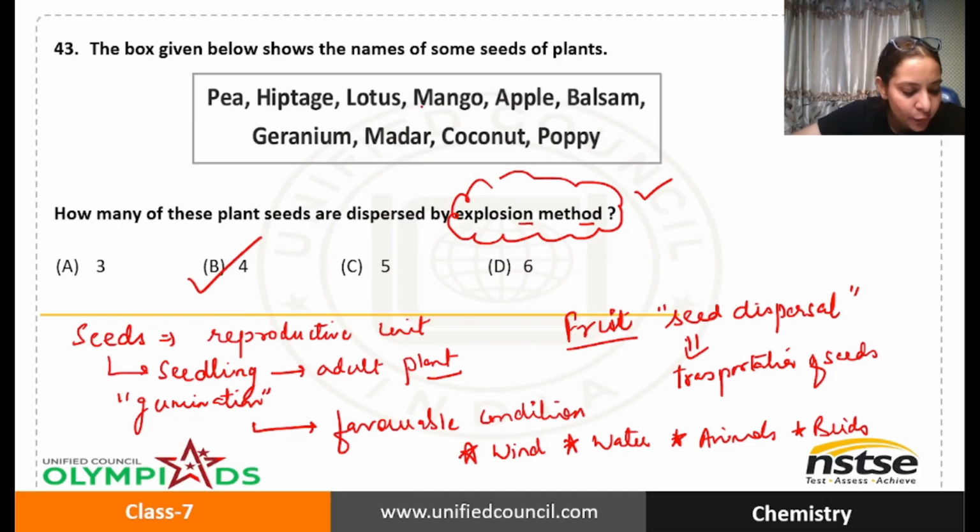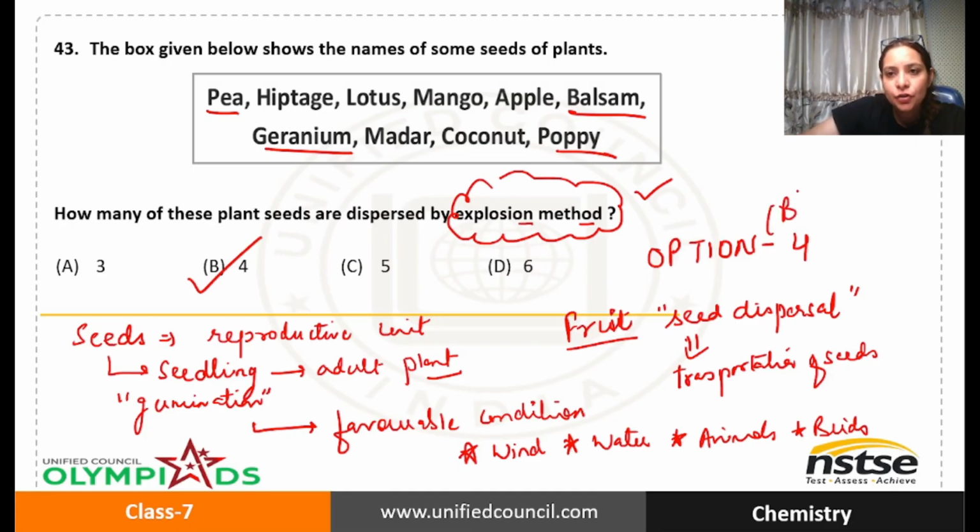They are pea, balsam, poppy, and geranium. These are the four seeds of plants dispersed by the explosion method, that is the bursting method. Therefore the correct solution to this question is option B, which has 4 in it.